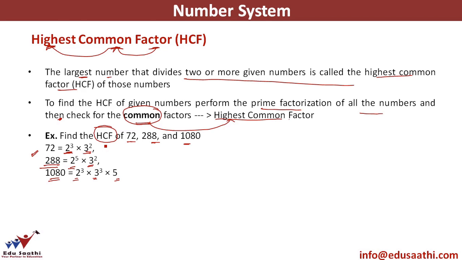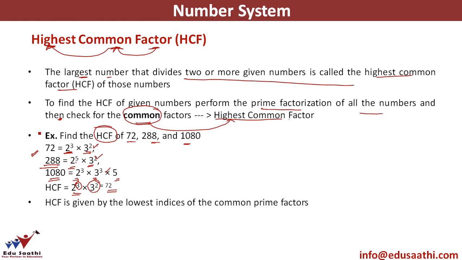So I will look at the common factors and the highest common factors. 2 is coming out to be 3 times at minimum in all of them. What about 3? 3 square, 3 square, 3 cube. So the highest common factor would be 2 cube into 3 square, which gives an answer of 72.